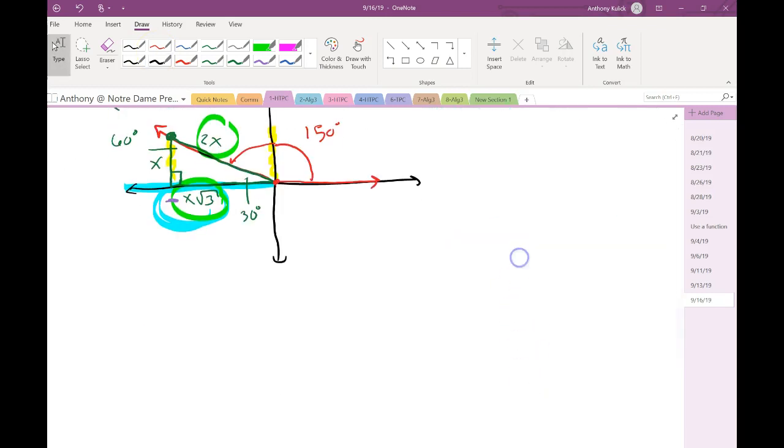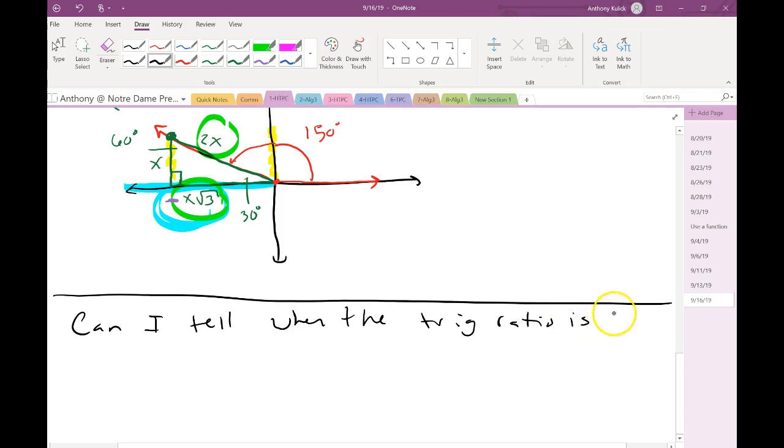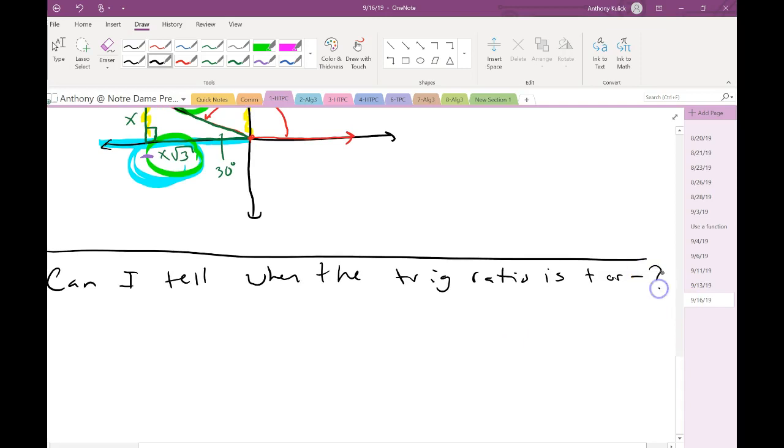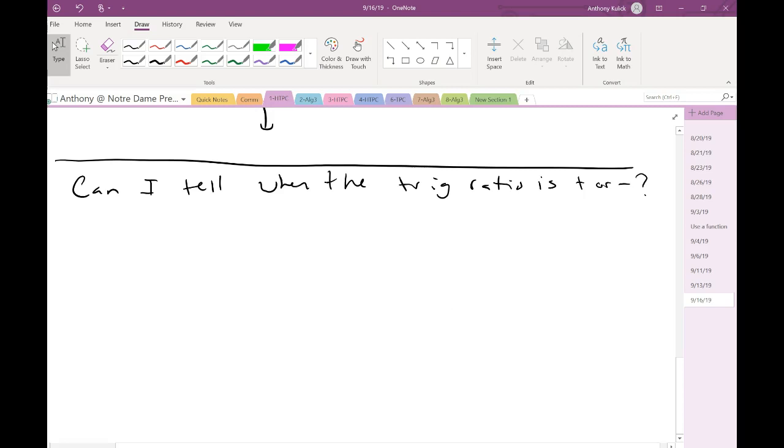So the question I'm going to ask then is, can we tell when the trig ratio is positive or negative?